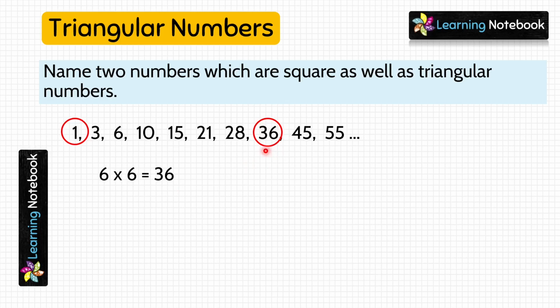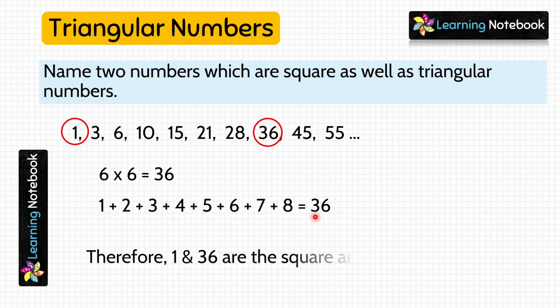Because 36 is the sum of the first 8 numbers. So 36 is the 8th triangular number. So students, we have got the second number as well. So we will write 1 and 36 are square numbers as well as triangular numbers.